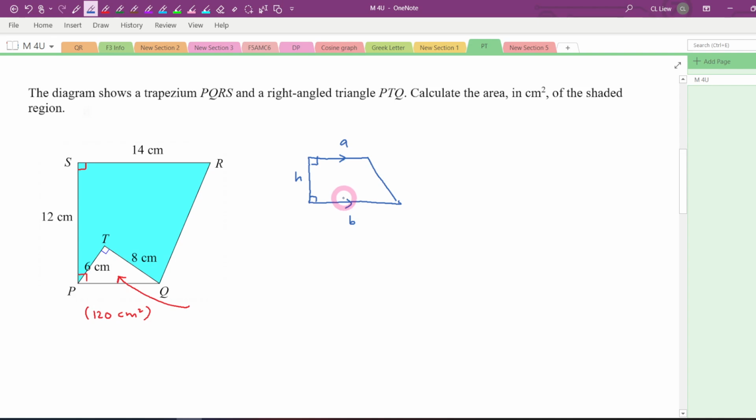It's just like finding the area of a triangle. Remember, start with 1 over 2, then times the sum of the two parallel sides. So if the sides A and B are parallel to each other, then we just take A plus B. But the trapezium sometimes can be like this.